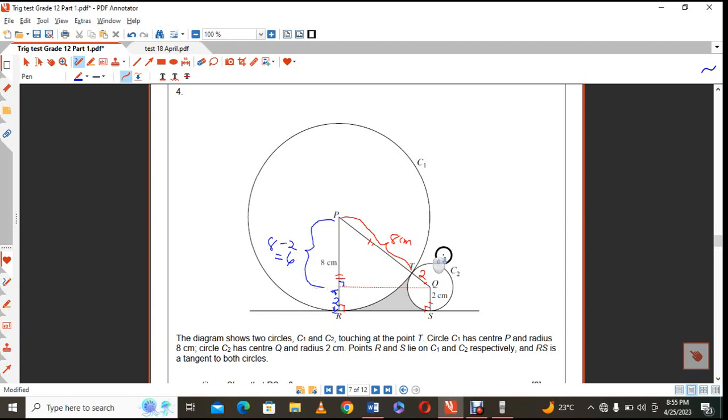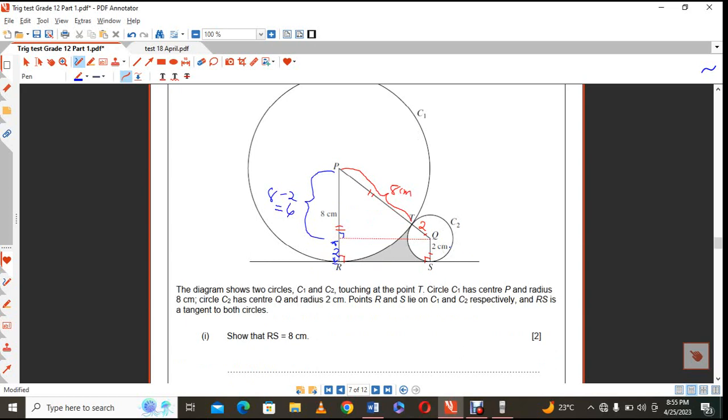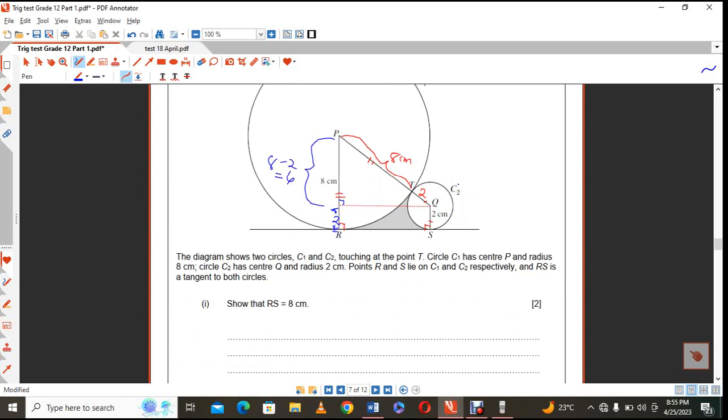Now they're saying we should show that RS is equal to 8 centimeters. So I'm just going to draw that drawing here. This is 10 because it's 8 plus 2 more. So that's 10 centimeters, and this is 6 centimeters.